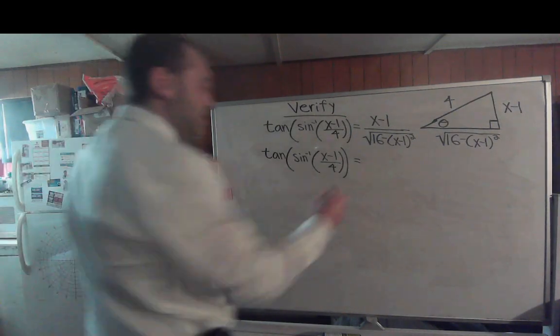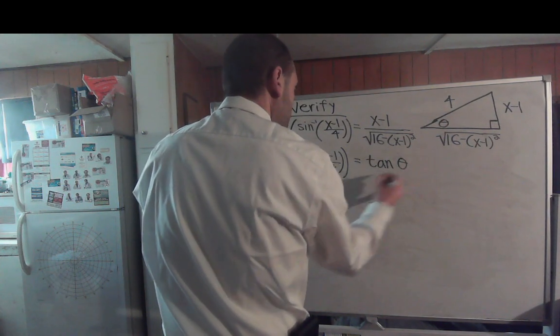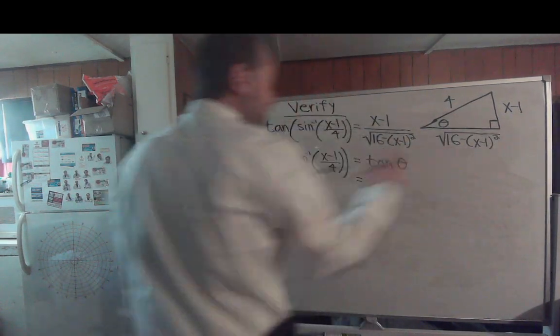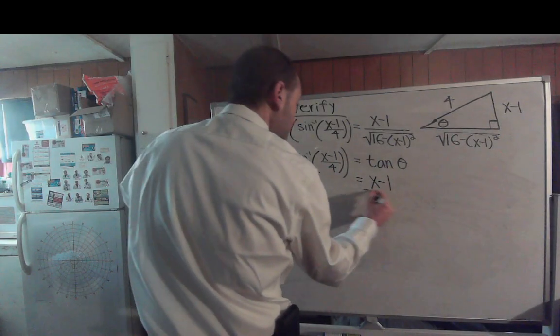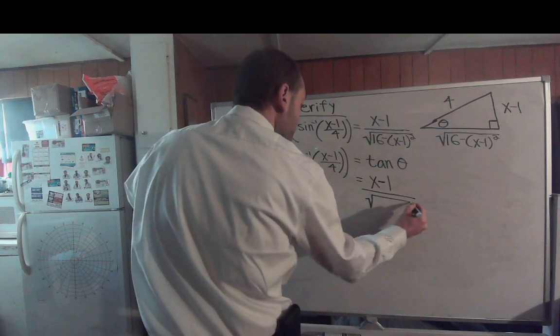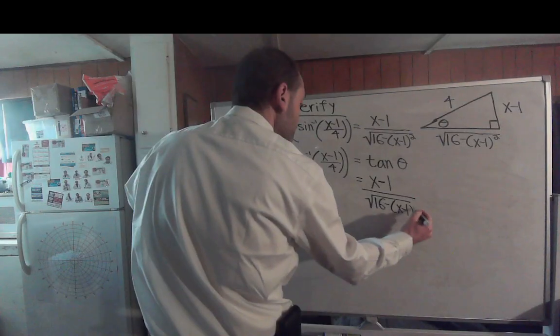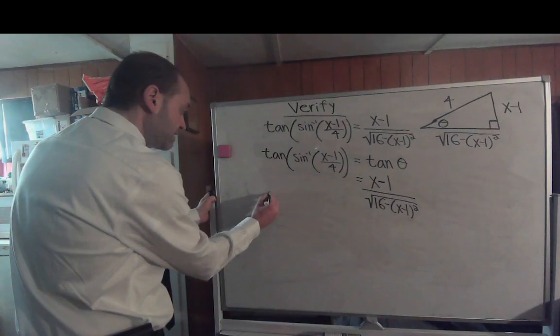So this left side would just simply turn into the tangent of theta. Now, what is the tangent of theta? That's opposite over adjacent. Well, that turns into (x minus 1) over the square root of 16 minus the quantity (x minus 1) squared. So we've just verified the identity.